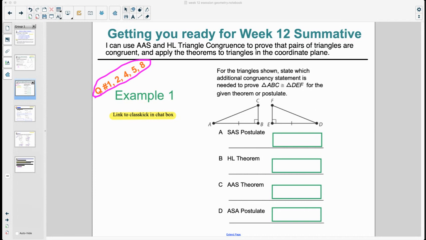Make sure when you're writing your pair that you are specific as well. Remember, these triangle congruence theorems, order is important, okay, of the items that you are showing are congruent. Okay, give me another minute.